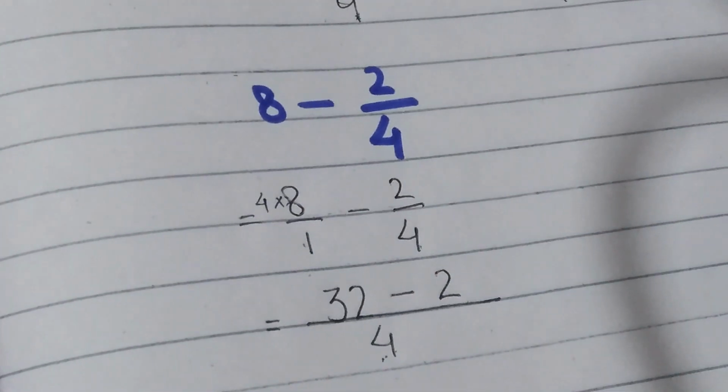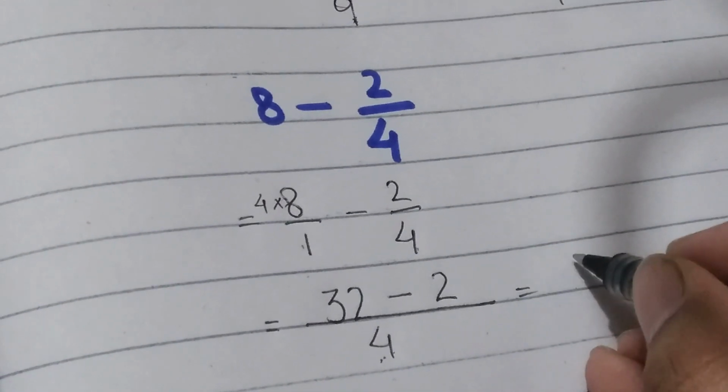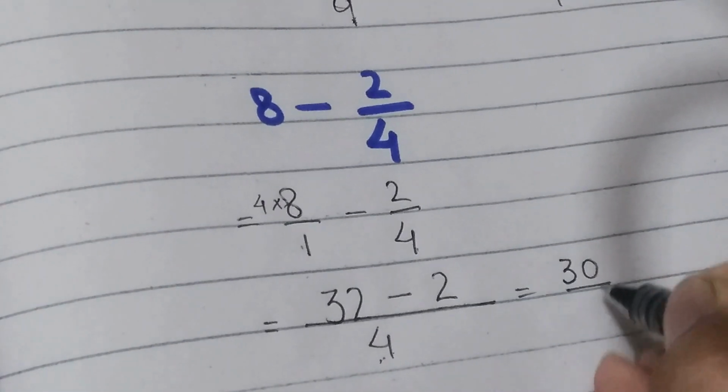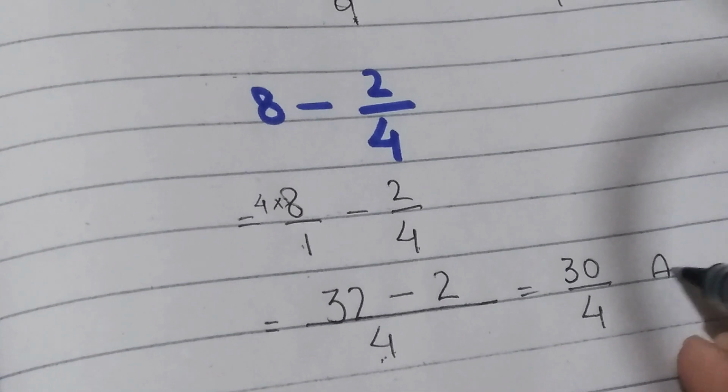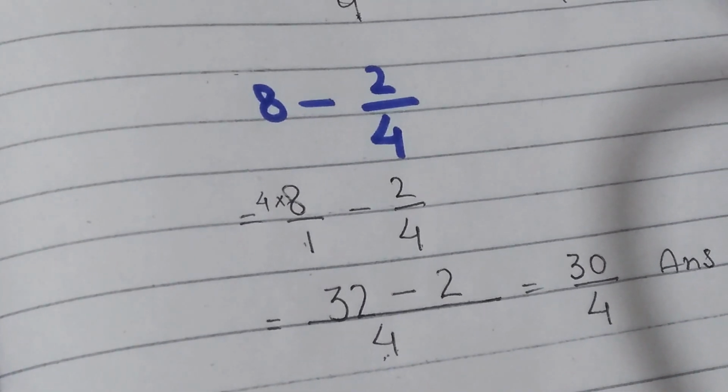Now 32 minus 2 equal to 30 by 4. It's our answer. Understand how simple addition and subtraction are.